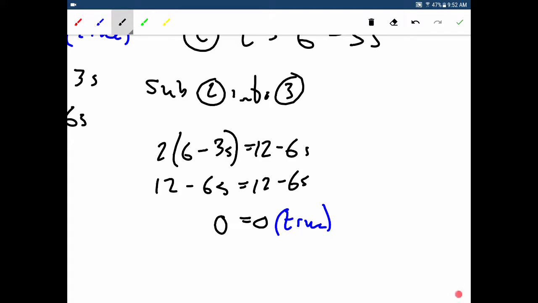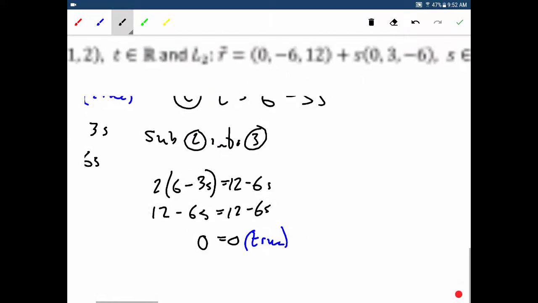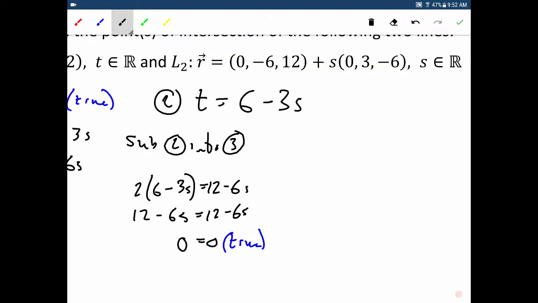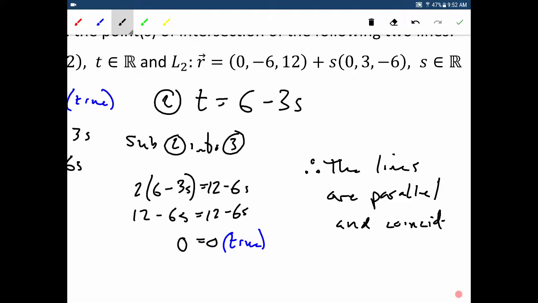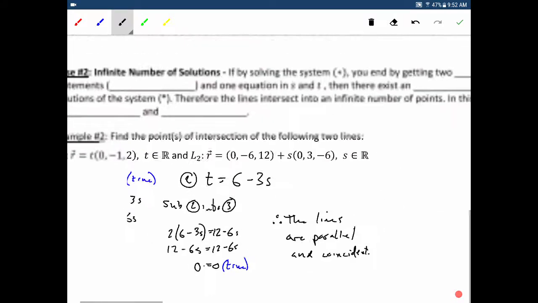Okay. So there we go. So for any value of s, there exists a value of t. So in other words, when you get to this point, this is what tells us that they intersect at an infinite number of points. Okay, so therefore, the way we say it is the lines are parallel and coincident. Okay, so there we go.